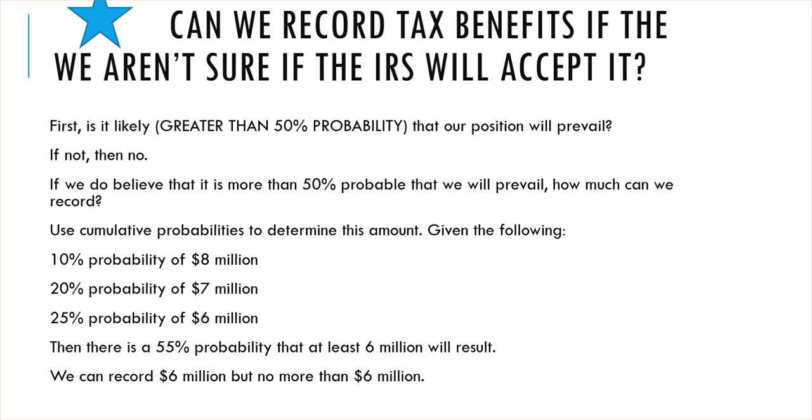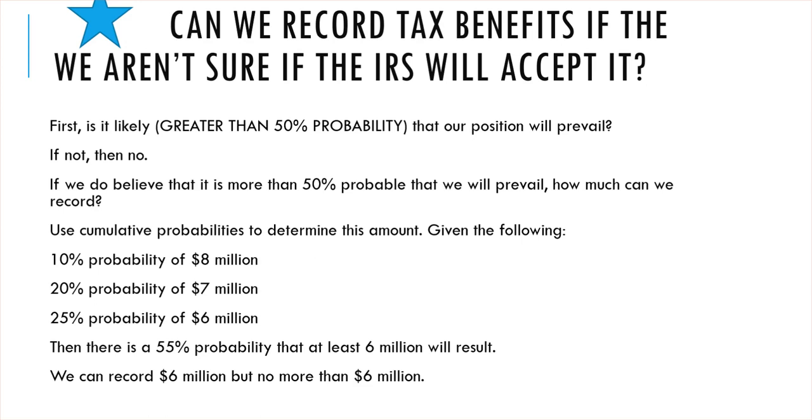So when we look at this, there is a 55% cumulative probability that we will have 6 million. So let us use the 6 million. Now you only had to be at 50%. So we can only record 6 million.